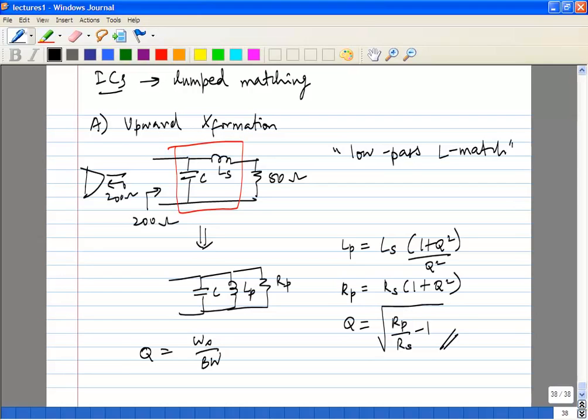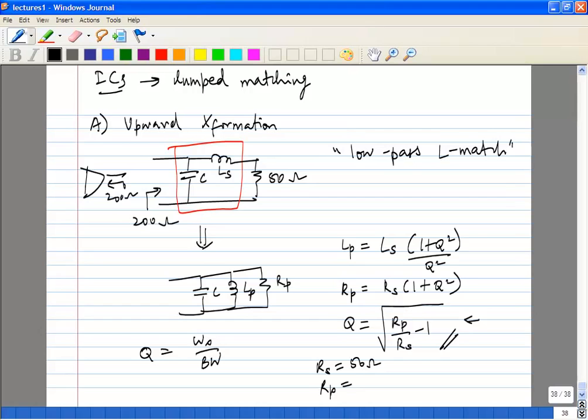Okay, so this is the general expression for a lot of L matches. That's what you'll see. Now what do we know here? What are RP and RS? What is RS? I think that's easier, right? In this case, what is RS? 50 ohms, right? What is RP? It's 200 ohms, right?